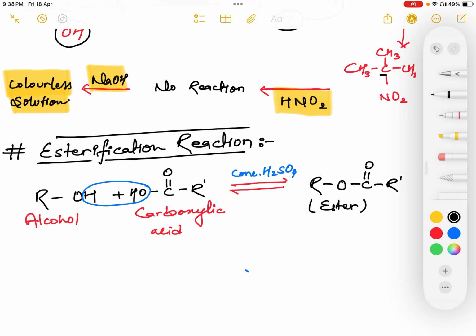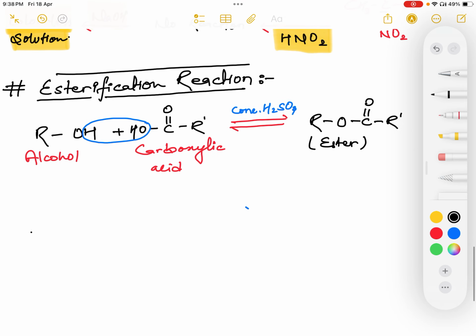And this reaction is known as esterification reaction. So basically the process of formation of ester by reacting alcohol and carboxylic acid in the presence of conc H2SO4 as catalyst is known as esterification reaction. So simple, any alcohol being treated with carboxylic acid in the presence of conc H2SO4 is known as esterification reaction. Easy one.